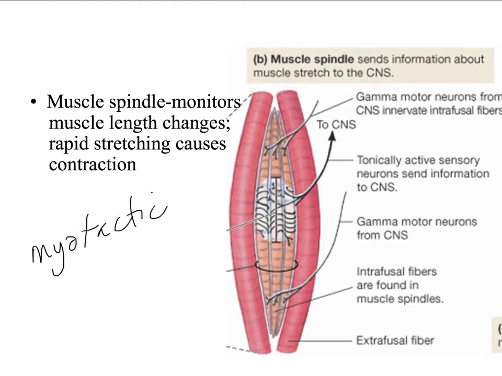If you've ever seen the example of the patella tap reflex, the physician takes the little reflex hammer and taps on the tendons below the patella, and that causes a rapid stretching of that tendon, and that causes a reflexive contraction of that muscle, which means that your foot kicks upward because you're shortening that muscle. So the muscle spindle reflex is a myotactic reflex, and it causes the muscle to shorten.